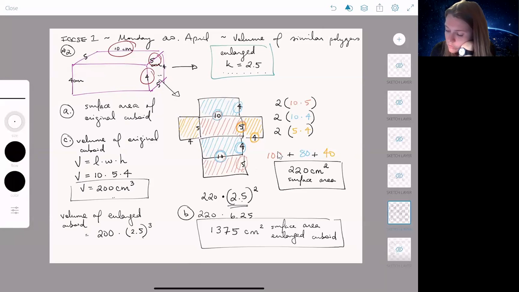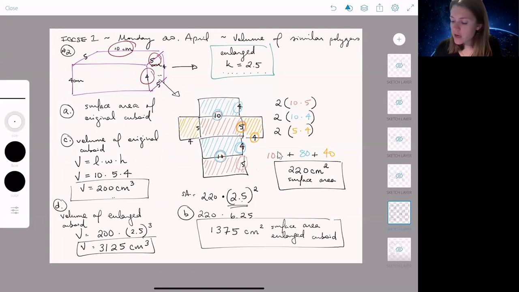Okay, so the volume here is going to be 3,125 centimeters cubed for my enlarged cuboid. And that is going to be part D, okay?